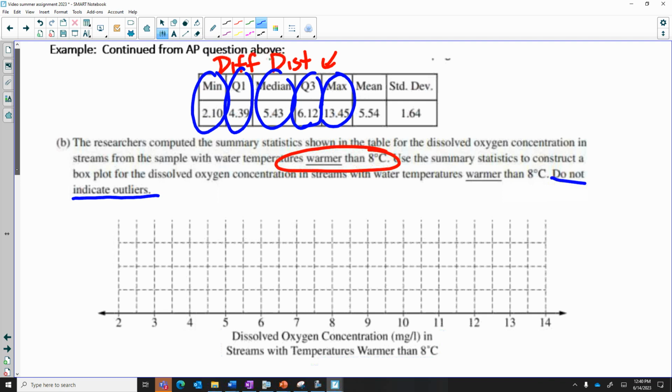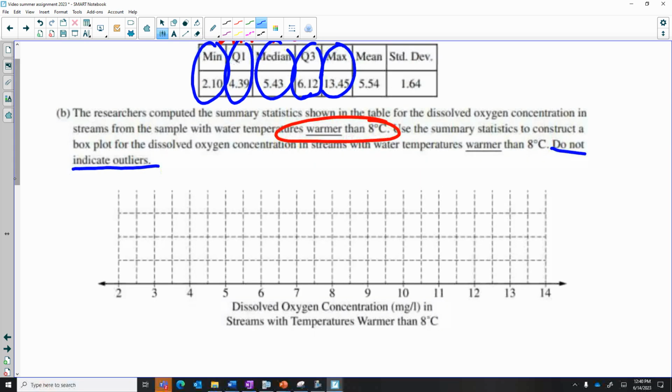So here's my advice. Go to these numbers in the 5-number summary, plot a point or a dot kind of hovering above that number, and don't connect them yet. So I'm going to go to 2.10-ish, plot a point, 4.39, 5.43, 6.12, and 13.45.